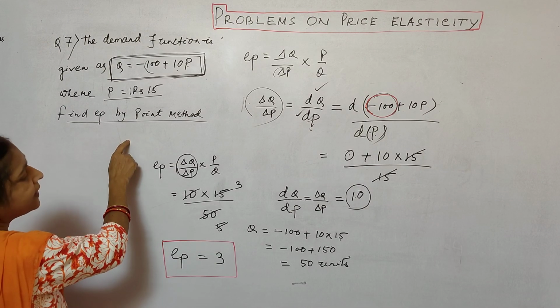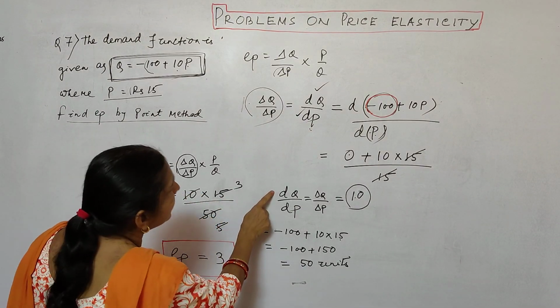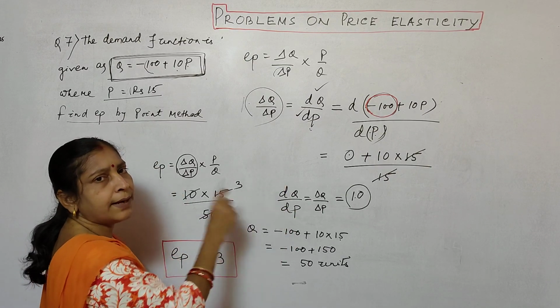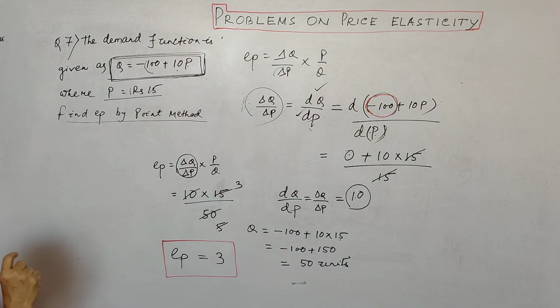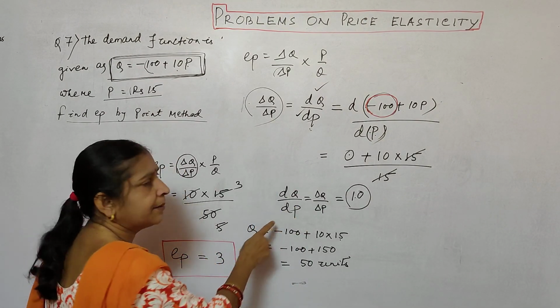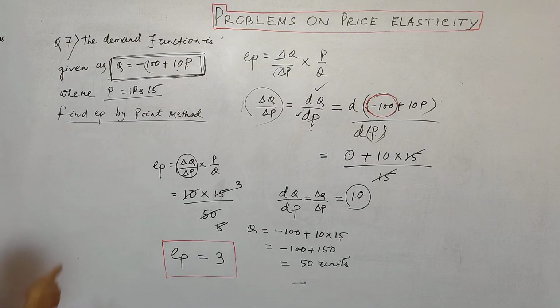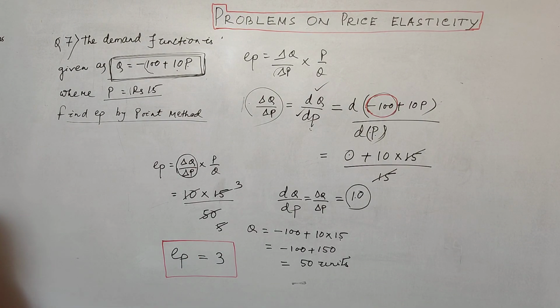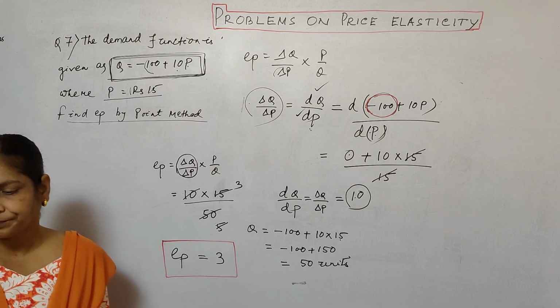So small change means इसीलिए we have used dq by dp, very small change. Instead of delta q by delta p, we have solved this question by dq by dp by making the derivative of the equation, and we have found out EP of this question.